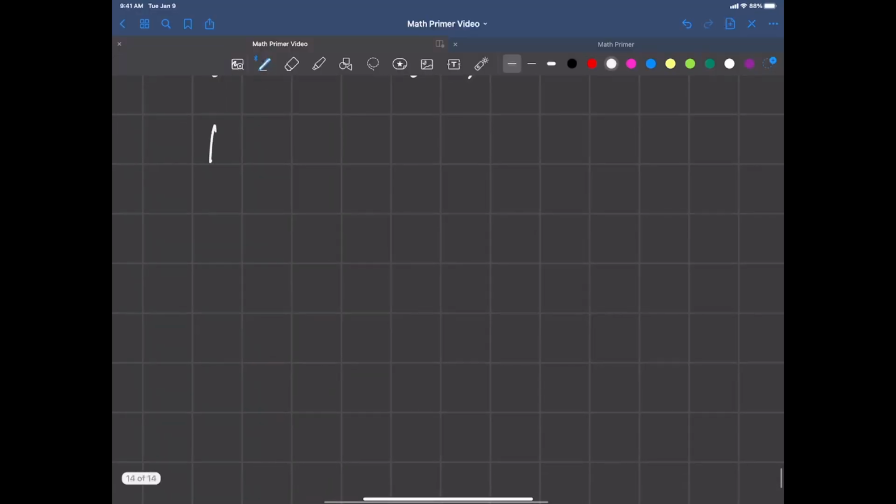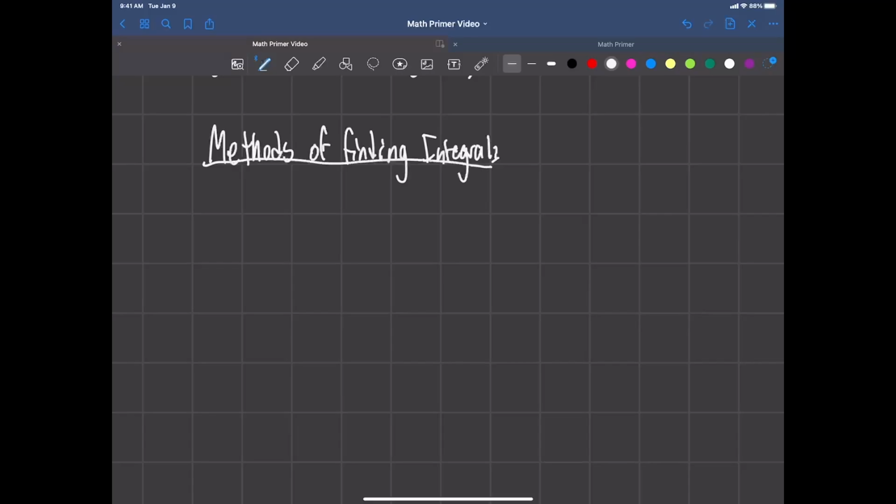Now let's cover a few methods of finding integrals. The first method is the substitution method.